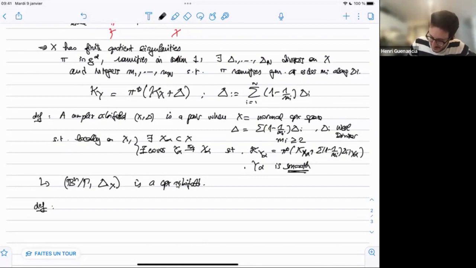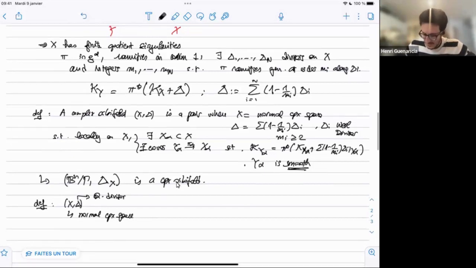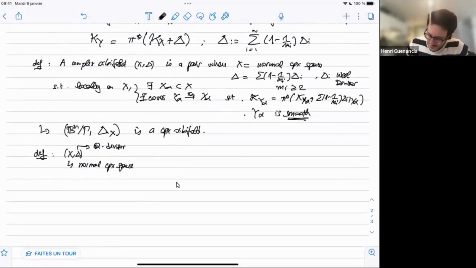So if I have a pair X delta, where X is a normal complex space, and delta a Q-divisor, I say that this pair has Kawamata log terminal singularities.